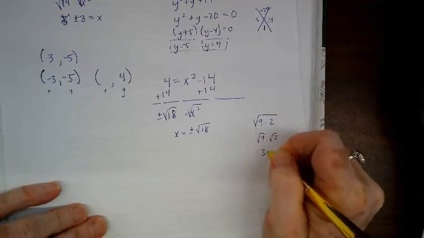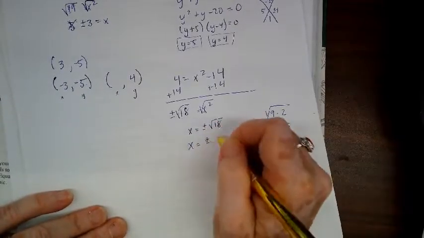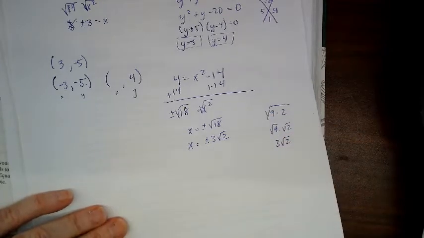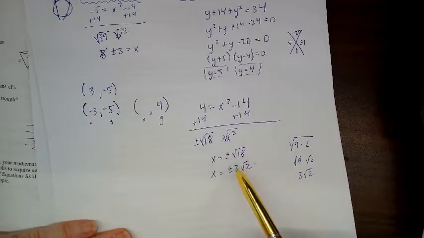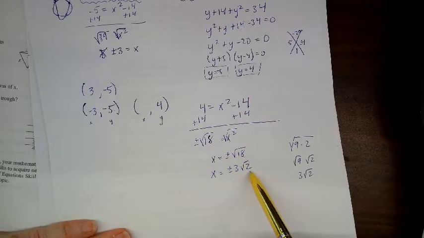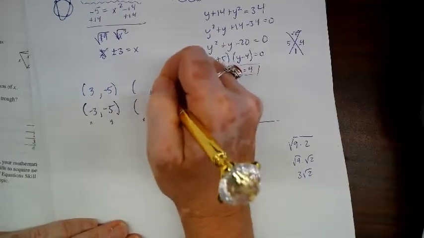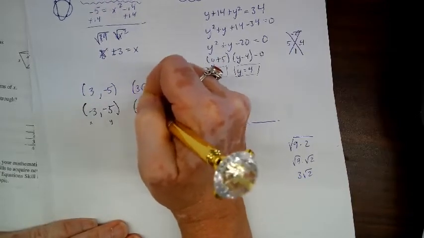That's 3 root 2. So I have x equals plus or minus 3 root 2. So that means when I plugged in the 4, I got x is 3 root 2, but I also have x is negative 3 root 2. So I'm going to need another ordered pair for 4. So I'm going to have 3 root 2 and negative 3 root 2. I hope that made sense.